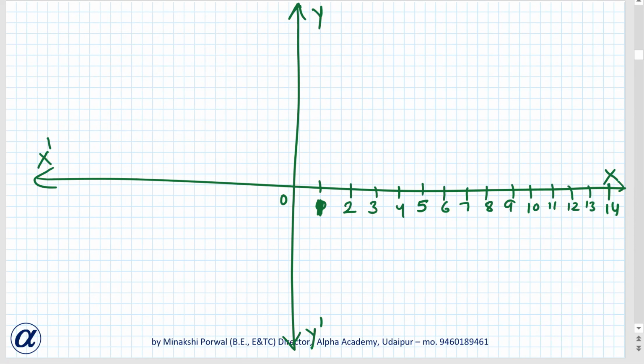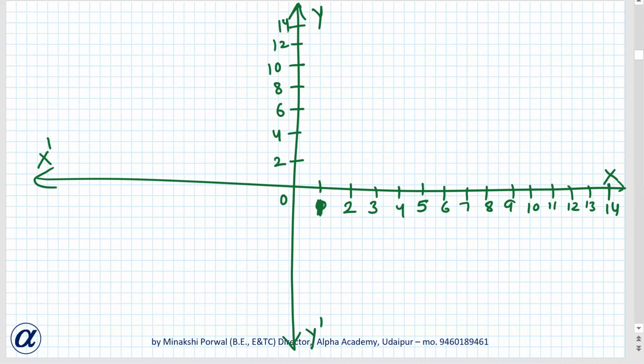Similarly, for the positive y-axis we also need values till 14, so I am taking a scale of 2: 2, 4, 6, 8, 10, 12, and 14.